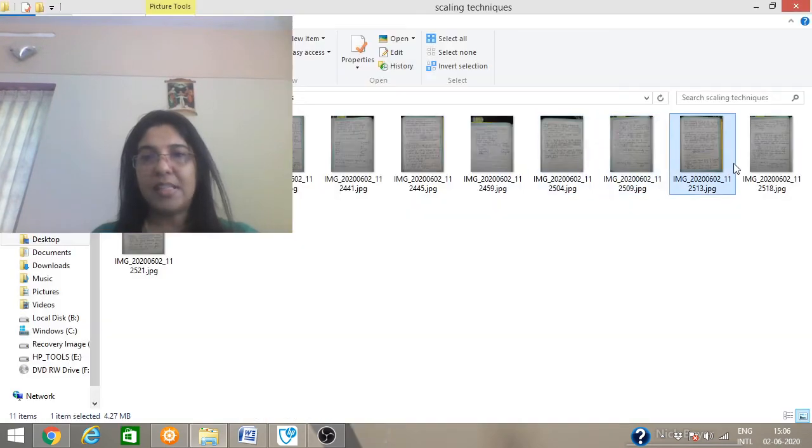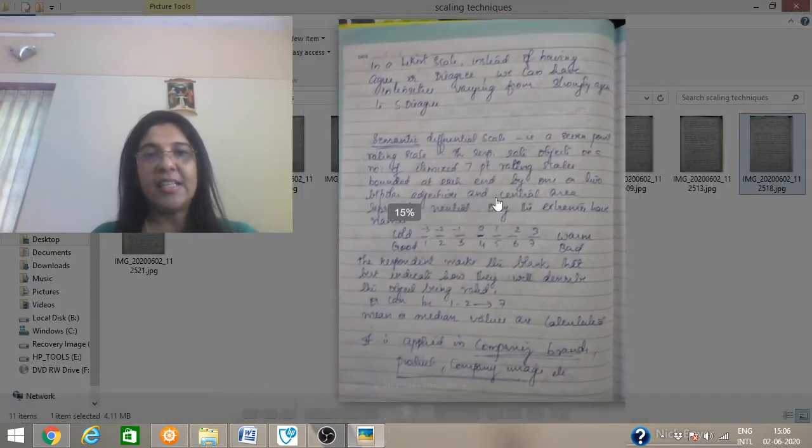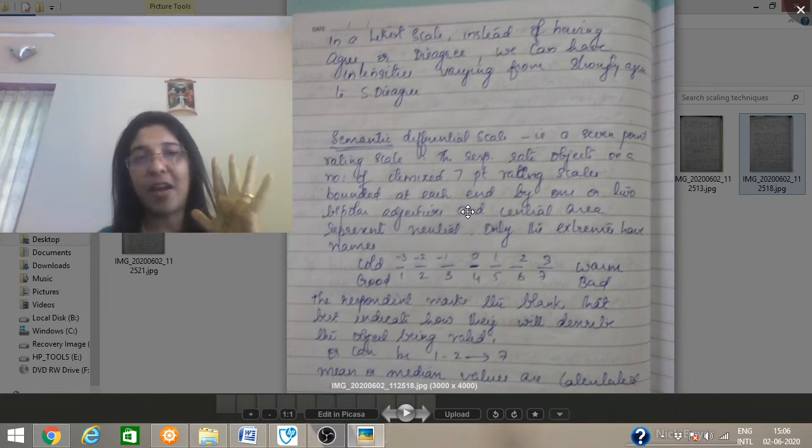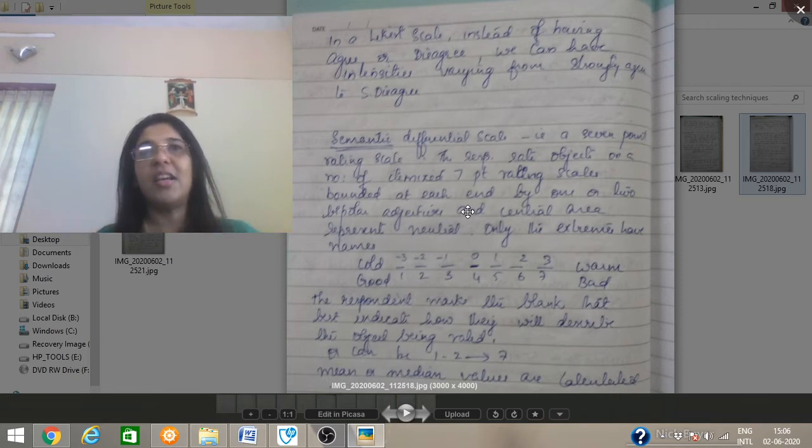And what happens is, in a Likert scale, instead of having agree or disagree, we can also have intensities varying from strongly agree to strongly disagree. That is, basically in a Likert scale you have a maximum of 5 or 7 choices, and one side says a favorable opinion and the other side says a very unfavorable opinion.